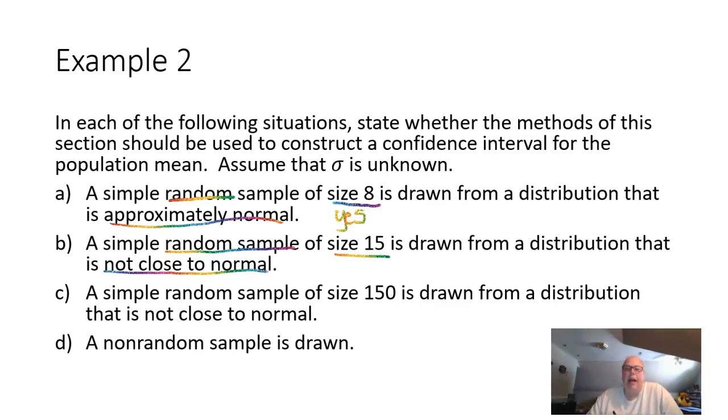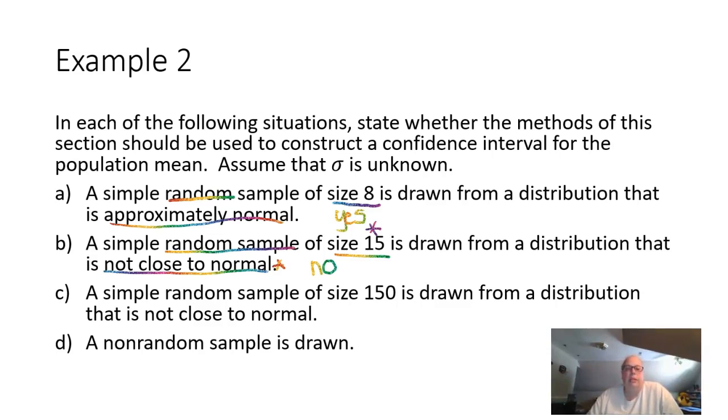I either had to have a large sample size, or I needed to know that we had a normal population or something close to it, and I don't have either one. So for part B, no, it would not be appropriate to use the t-distribution for this particular sample.